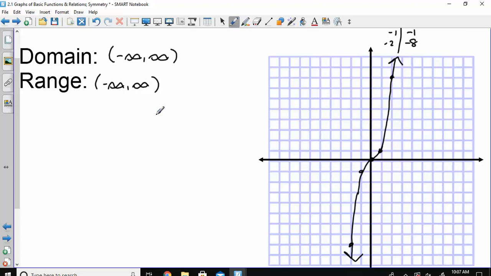What is this graph doing? Increasing the entire time. So you can mark off your decreasing and constant. Where is this graph continuous? Everywhere. There's no breaks in this graph. Seems to be a common trend on all the graphs we're drawing so far. No breaks in them.